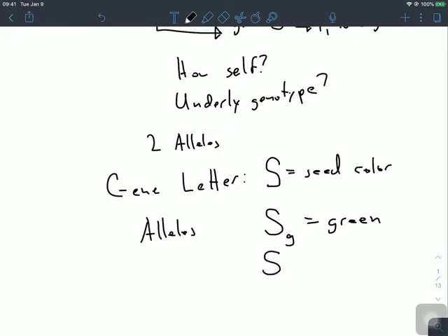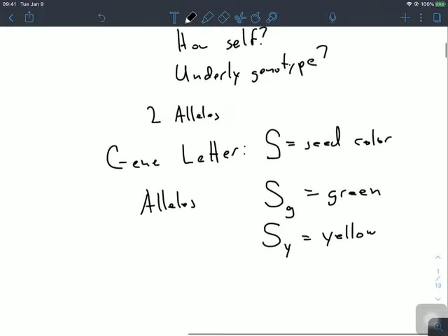And S with the subscript Y will be our yellow color. Notice, no capitals, no lowercase, no implicit understanding of dominant and recessive here. These are just different alleles. This will help long term. It seems a little bit of a pain in the butt, but it will help long term, I can promise you that.